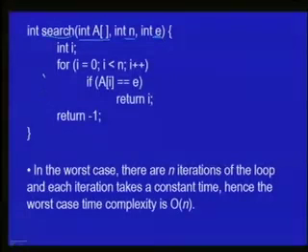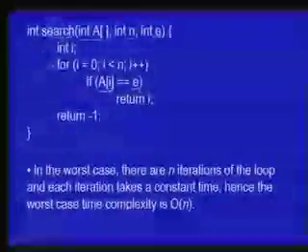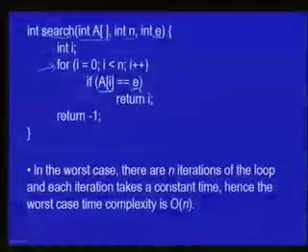So the algorithm is very simple. We have a loop that runs for i from 0 to n-1, that is for each index in the array, and in each iteration we compare A[i] with E, and if the value of A[i] is equal to the value of E, then we return the index at which we found this element, that is i.